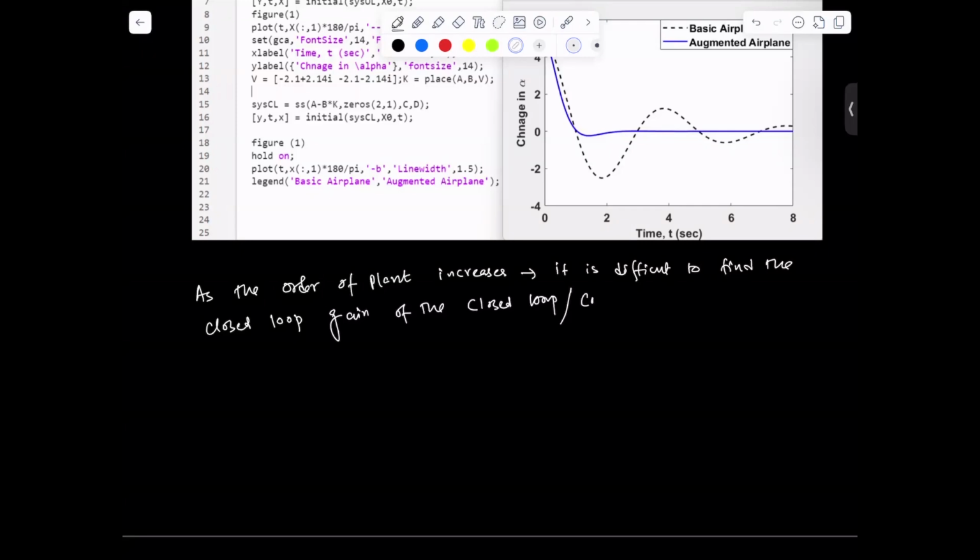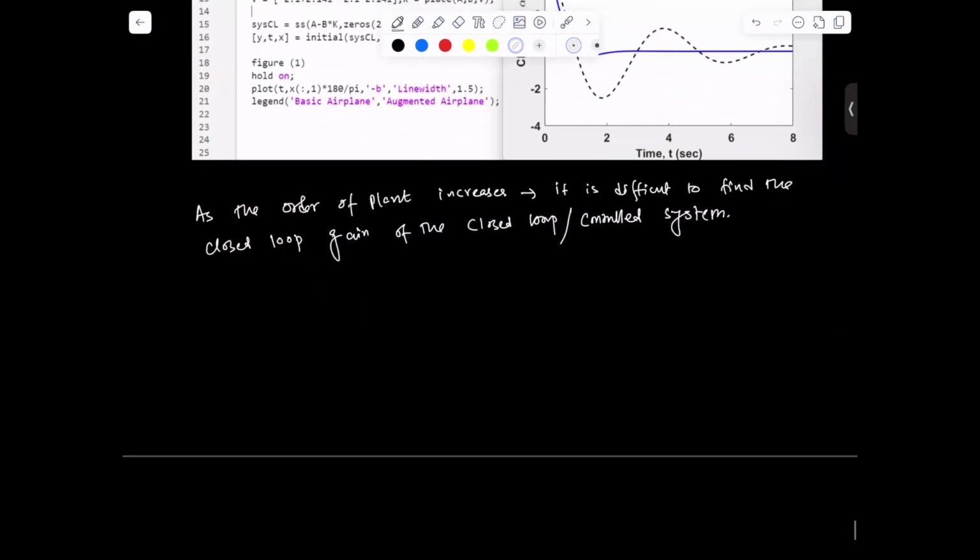Closed loop, we can say, or controlled system. So to avoid this difficulty, there is another method we can use, which is called Bhaskara method.